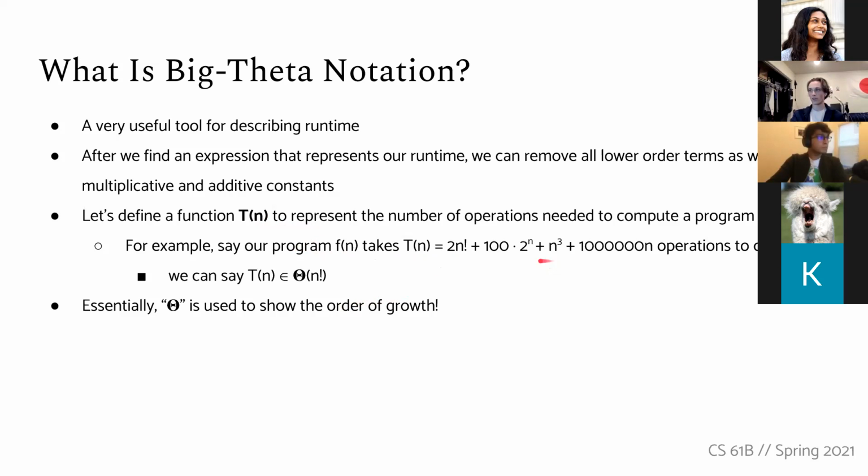Well, all we really care about is the highest order term for this time complexity function t of n. So we can just use the n factorial to describe our program f of n. In this case, we would say our runtime t of n is contained in big theta of n factorial. Essentially, big theta is going to be used to show the order of growth or rate of growth.